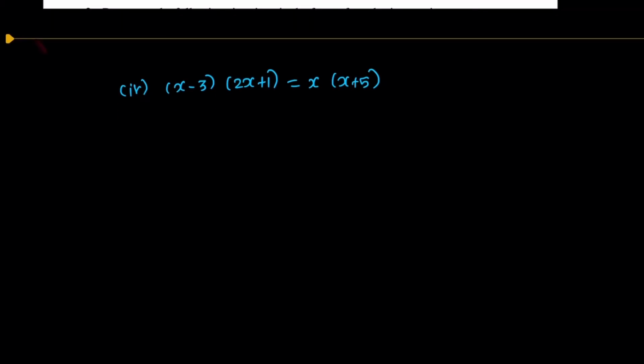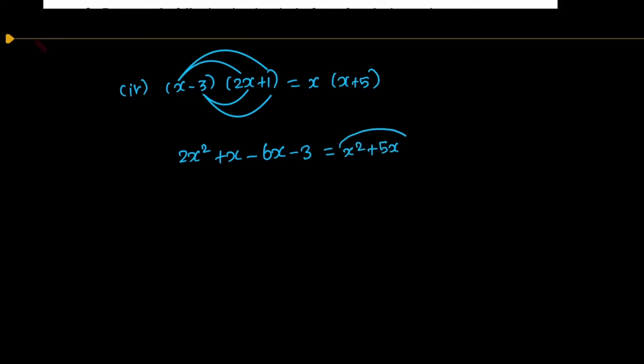Question number 4. (x − 3)(2x + 1) = x(x + 5). First we need to multiply. So x times 2x is 2x², and x times 1 is just x, then −6x − 3 is equal to x² + 5x.